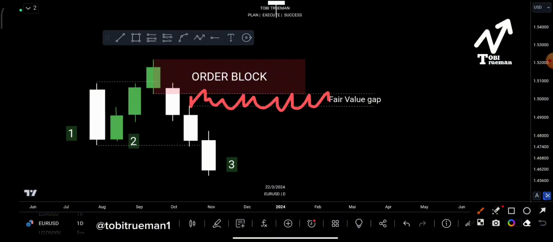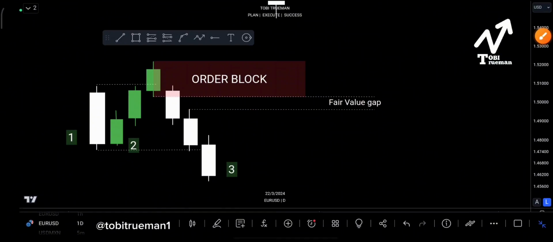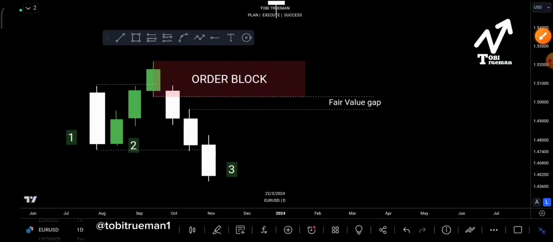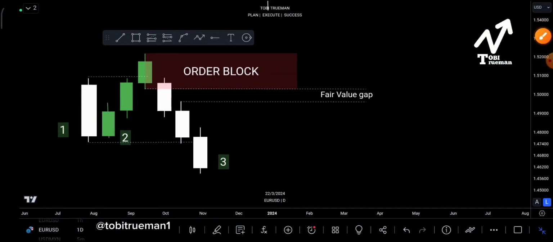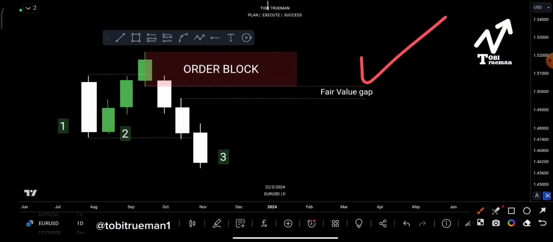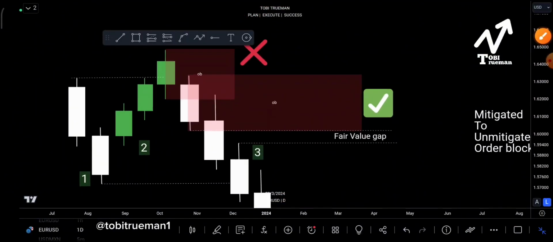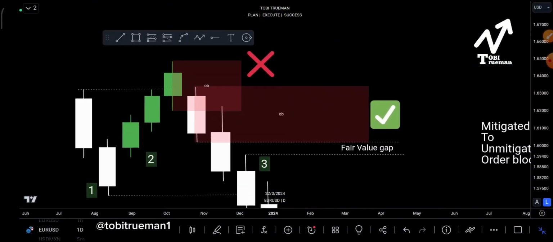You can see there's a fair value gap there, meaning that price now has another reason to come up, tap on this order block and continue to do what? Continue to sell. Okay, so when can we say this order block is valid? This one is valid. Then when can we say another block is not valid despite a valid pullback?